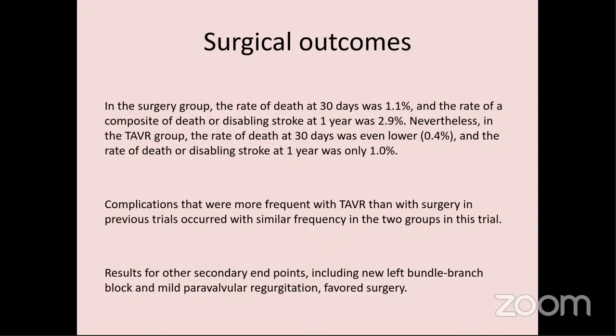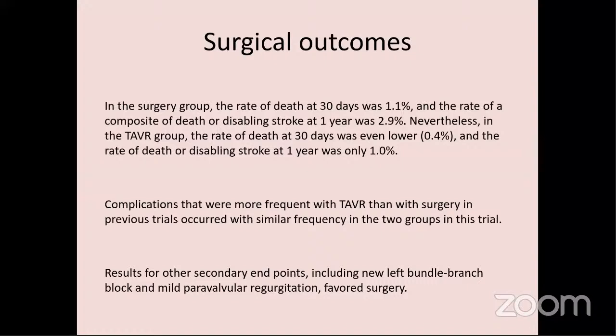The complications that were more frequent with TAVR than surgery in the previous trial occurred with similar frequency in the 2 groups, including major vascular complications, new permanent pacemaker insertion, moderate to severe paravalvular regurgitation, coronary obstruction, or life-threatening bleeding. It occurred less frequently with TAVR than with surgery.